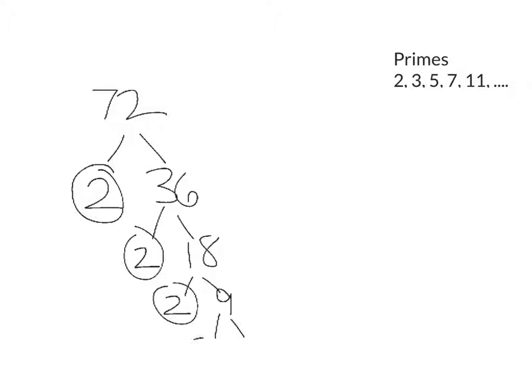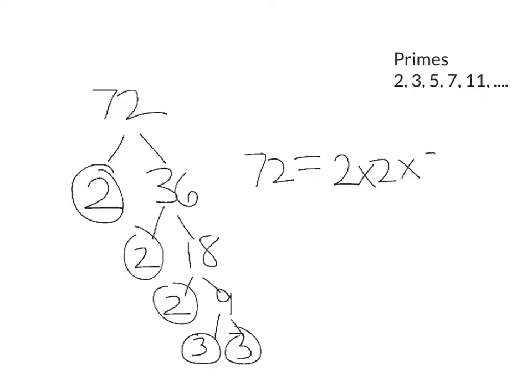And finally, 3 and 3. And that means that 72 prime factorized is going to be 2 times 2 times 2 times 3 times 3. Again, just making sure I got these: 2, 2, 2, 3, 3. I got them all there. So that's the prime factorization.